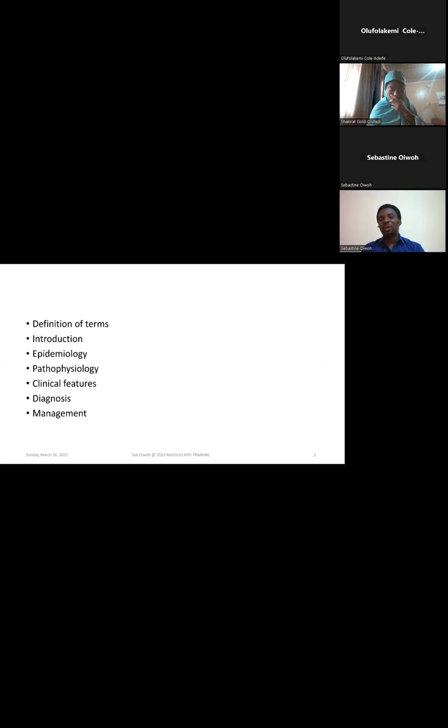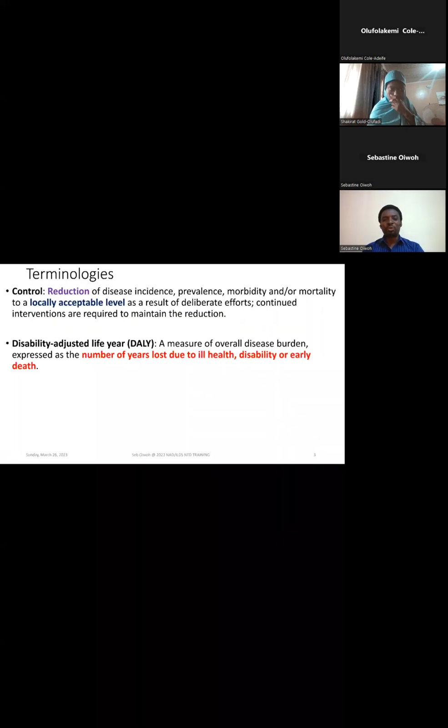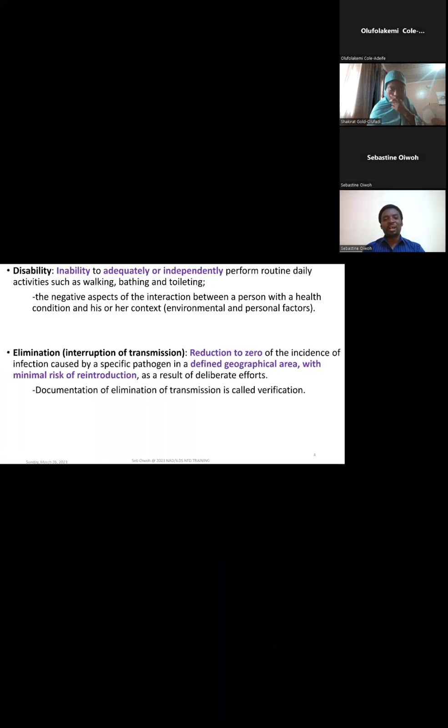We'll be coming across a couple of terminologies, which we just quickly want to run through. Control: basically getting the infection, or the infestation rather, to an acceptable limit within a geographical area. Then of course, disability years: the number of years that have been lost to disability, to which lymphatic filariasis tends to hold sway.